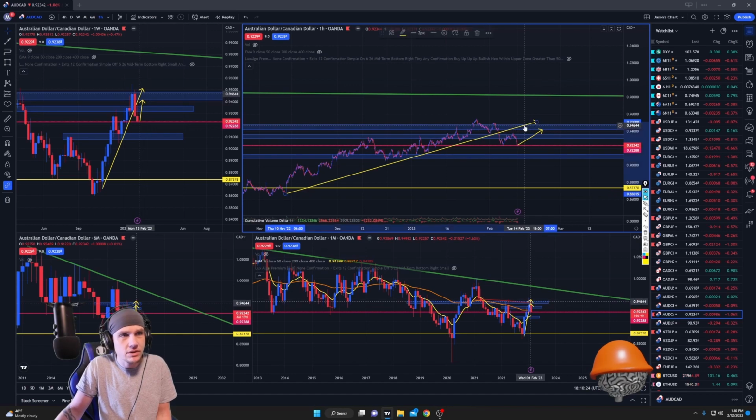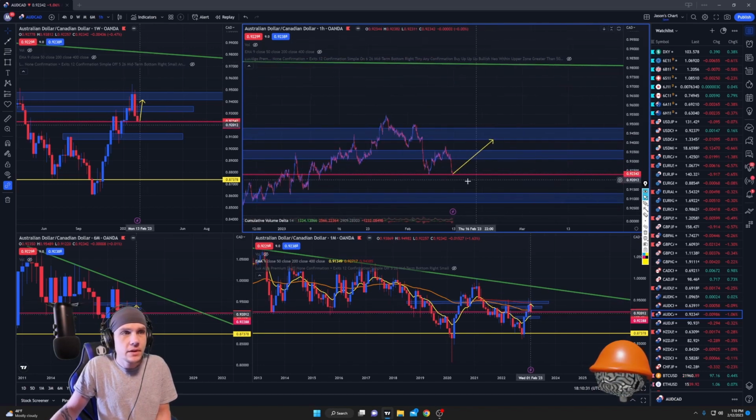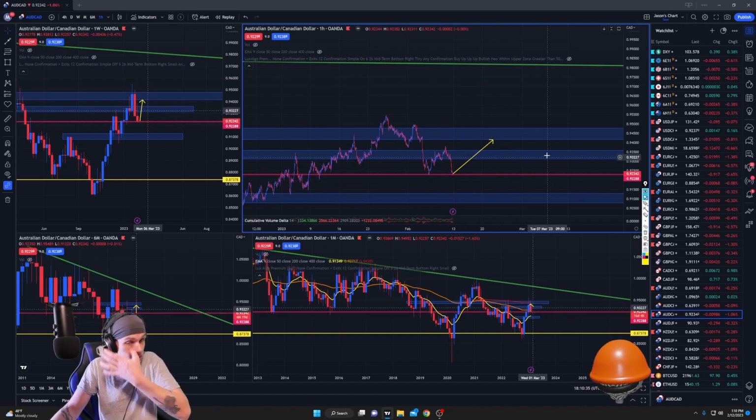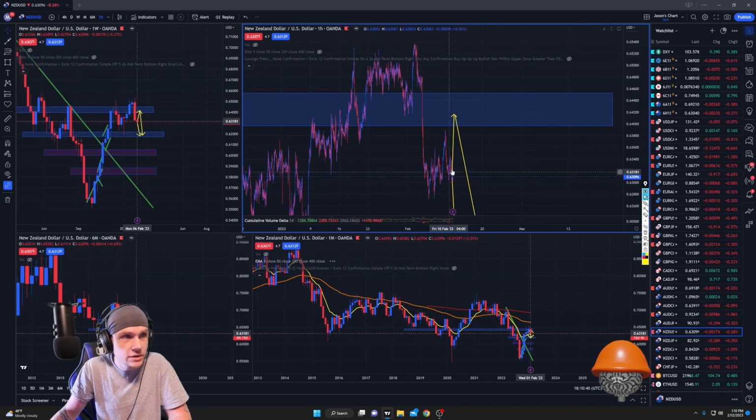I don't know. It still looks like it could go up higher though. We got a bounce here last time. There's no reason to imagine that we won't get a bounce from here again. And the Canadian dollar looks really bearish. So yeah.